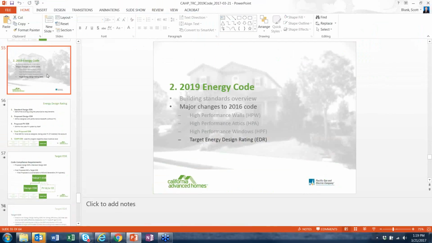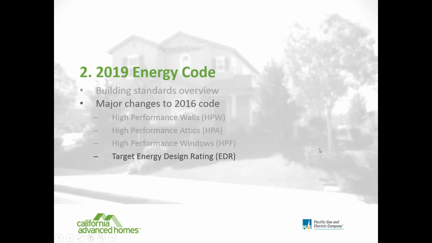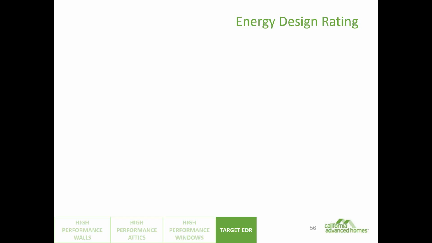So the last thing, it's in the code now, and I should go back to presenter mode and swap. Okay. So the target energy design rating is something that's going to be new. And right now there's a few EDRs, energy design rating.